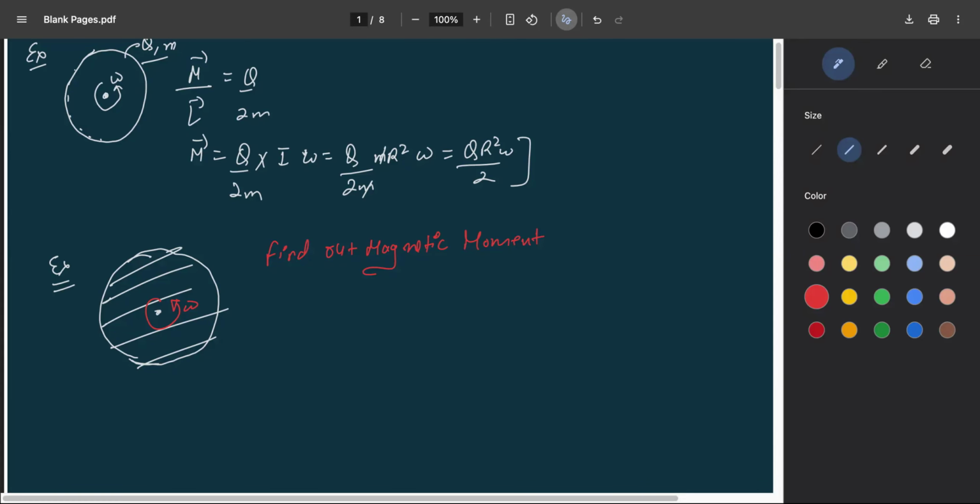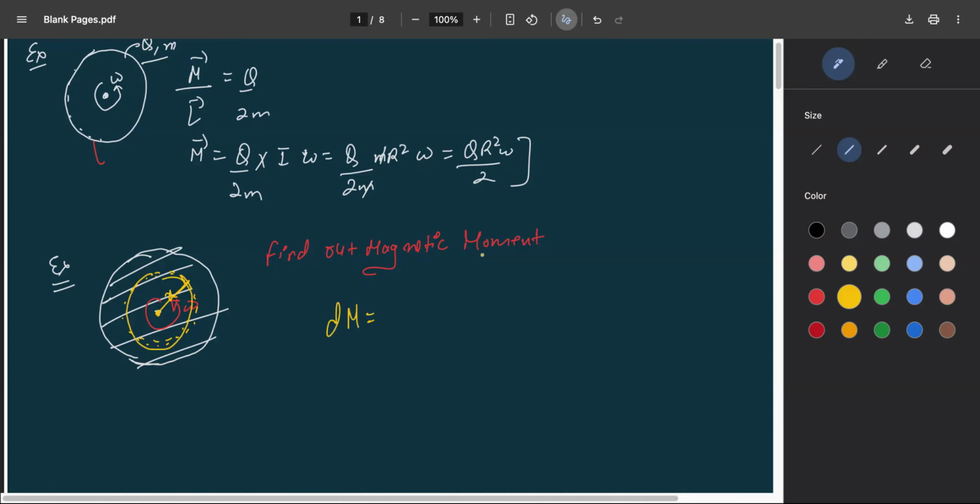Look here now. We already know the magnetic moment due to a single ring. In this disk, from the center I will go to some distance x and cut out a small strip of a ring. I already know the magnetic moment due to this ring. Let's say it comes in some form f of x dx.